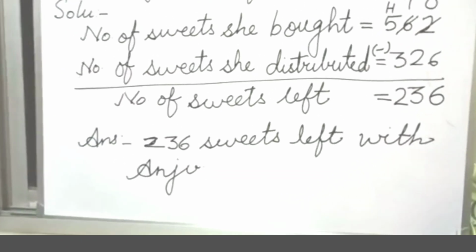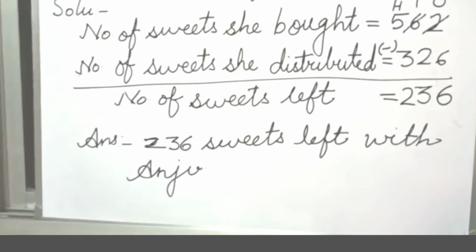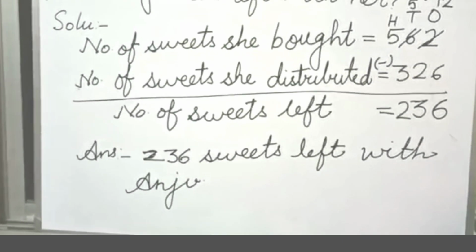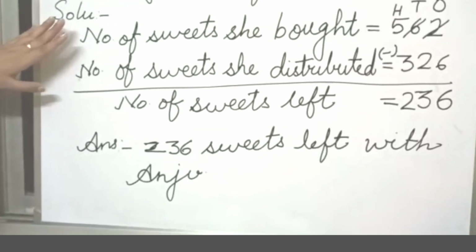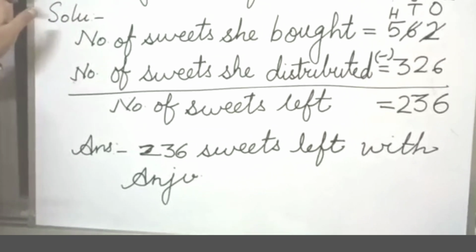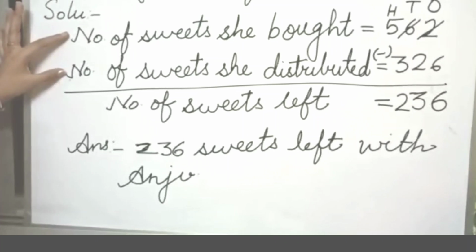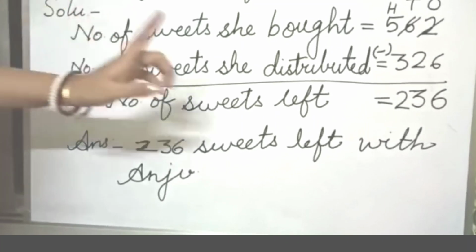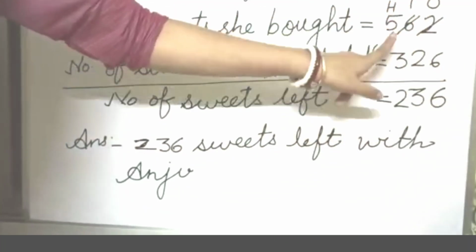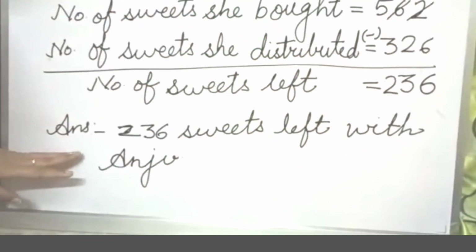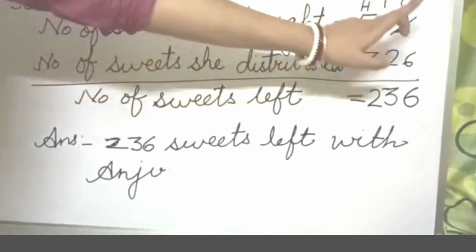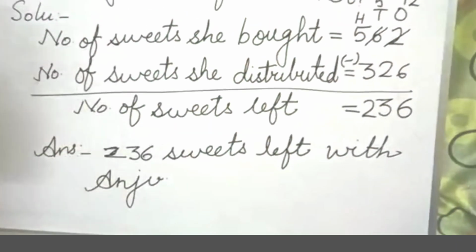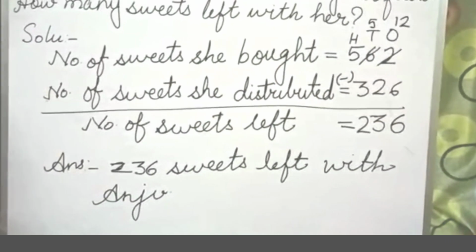This is the process of writing the full word problem. Here is the marks distribution. The total sum will come in 3 marks. 1 mark for writing these sentences, 1 mark for doing this addition or subtraction, and 1 mark for writing this answer. So you have to do this full process whenever you are doing word problem sums on addition or subtraction.